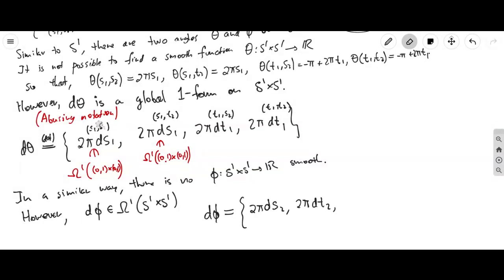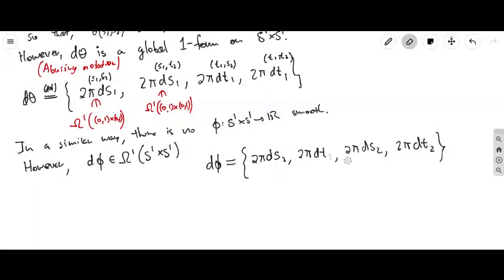I'm basically just looking at the coordinates here. On the second one, this would be 2 pi ds2, and then 2 pi dt2, like that. Okay, so that will give you a coherent collection of one forms.